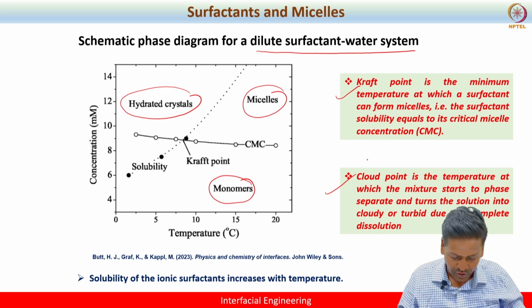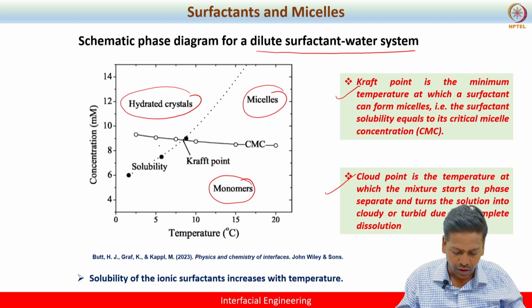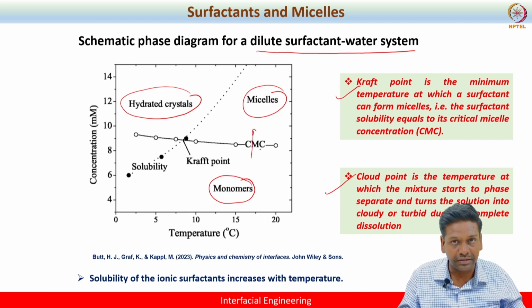What is very important is the operating line along which you will be operating. For example, if you want to synthesize micelles, you should modulate not only the concentration but also the temperature, because even though above the CMC line you can make micelles, what is important is that you are always above the Kraft point.